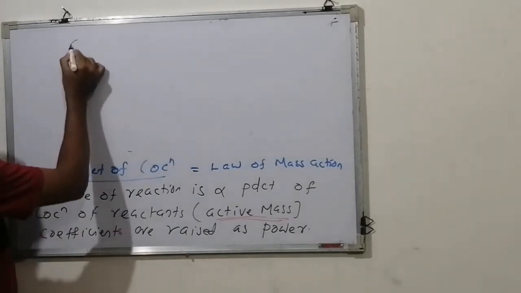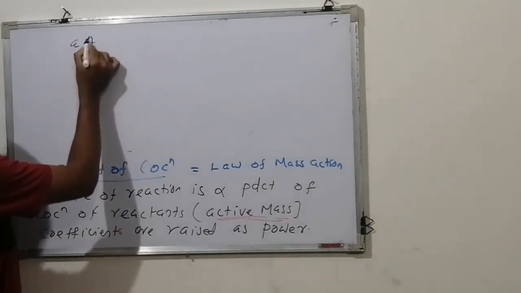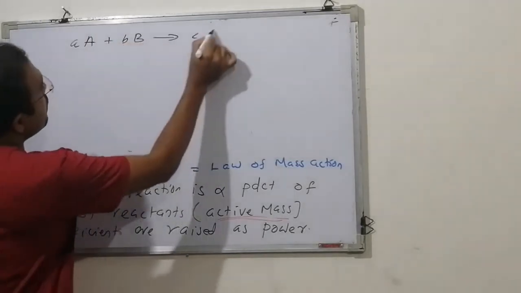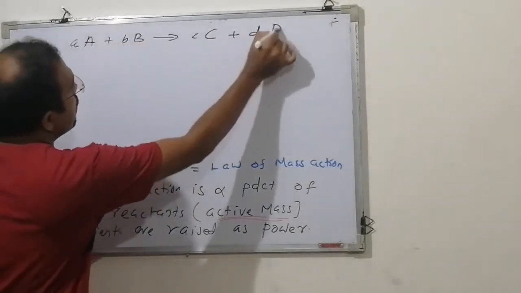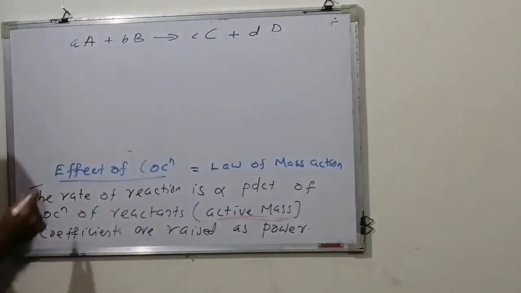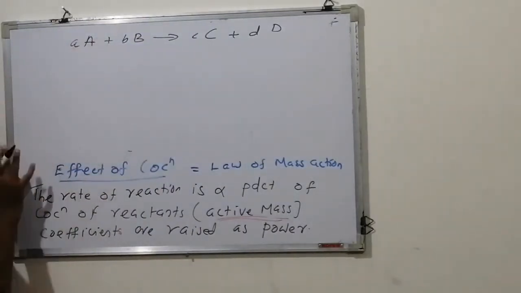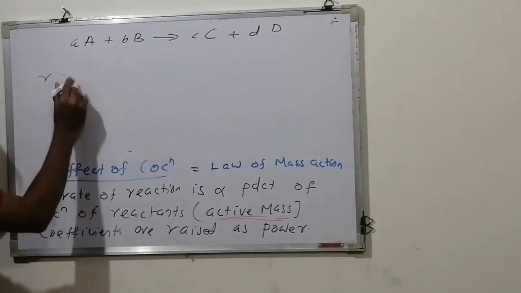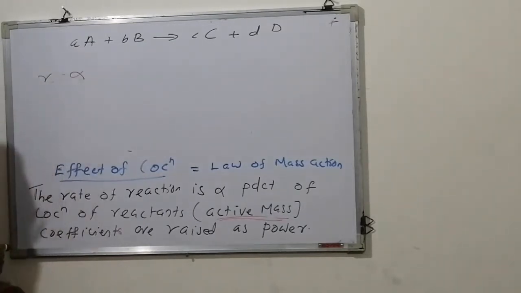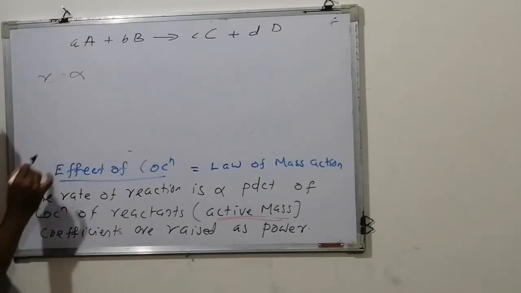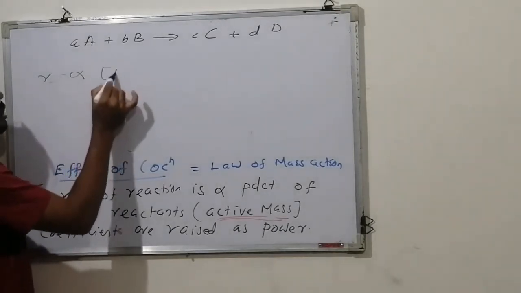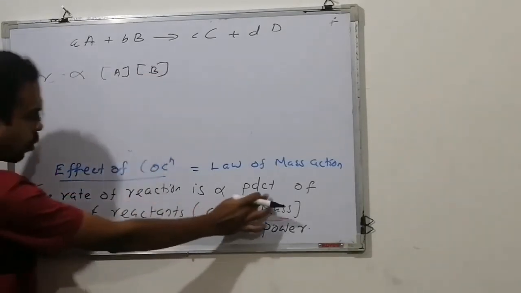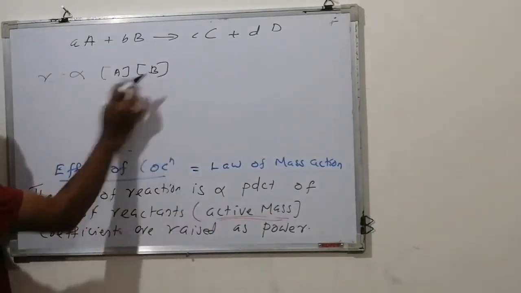Suppose you have a reaction aA plus bB gives cC plus dD. What is the rate of this reaction? Rate is directly proportional to, this is law of mass action, concentration of A and B, product of concentration of reactants.